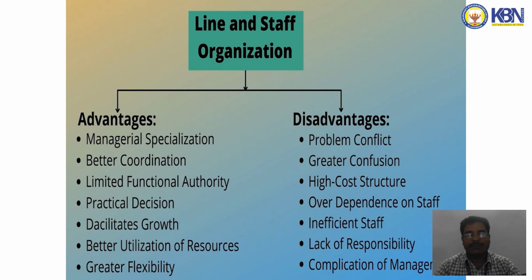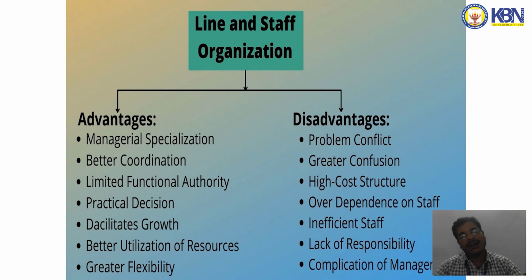So we need to spend more amounts for paying salaries, or we need to pay more resources for the sake of getting the quality in the implementation of this line and staff organizational design. And moreover, the over dependence on staff.